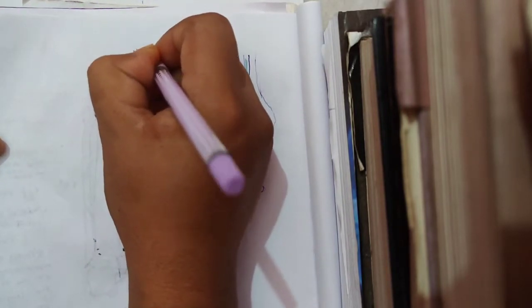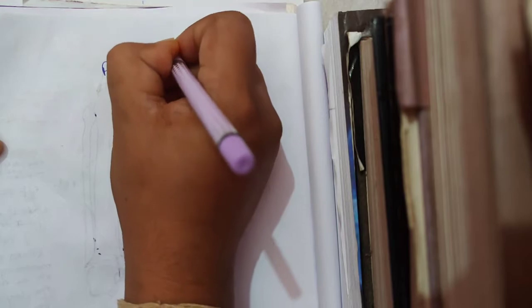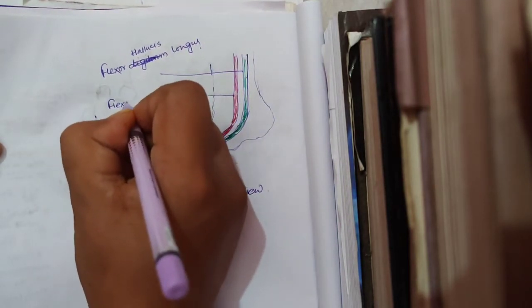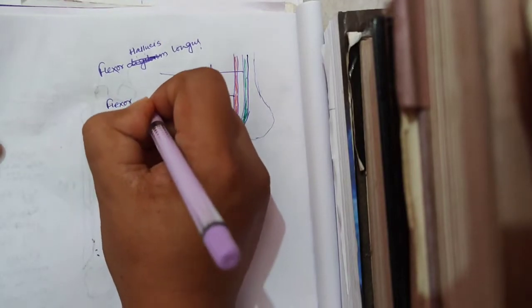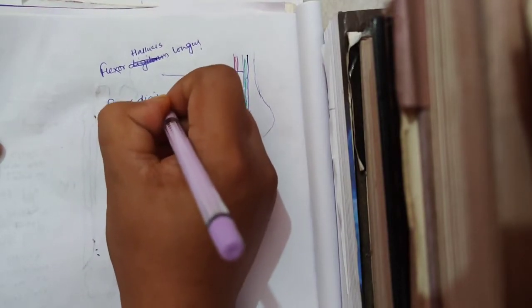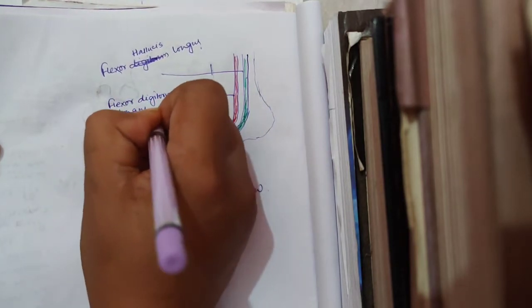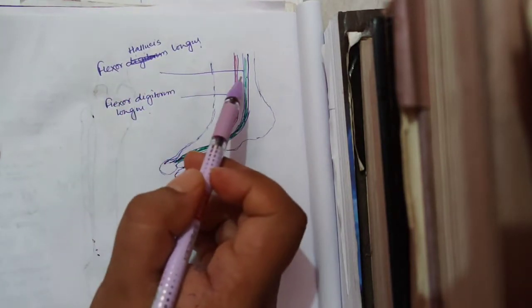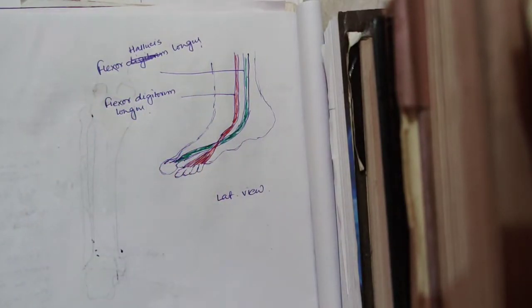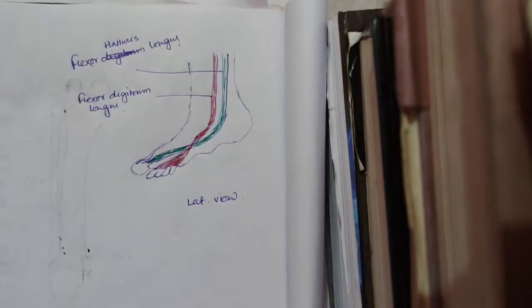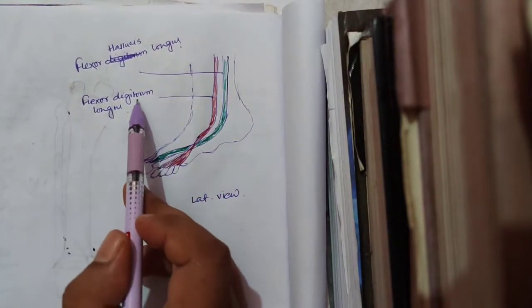This was the flexor hallucis longus, and this is called flexor digitorum longus. Correct this, the previous muscle was the flexor hallucis longus. Okay, next this is the flexor digitorum longus.